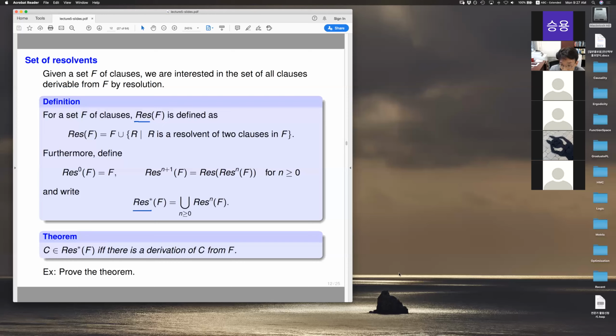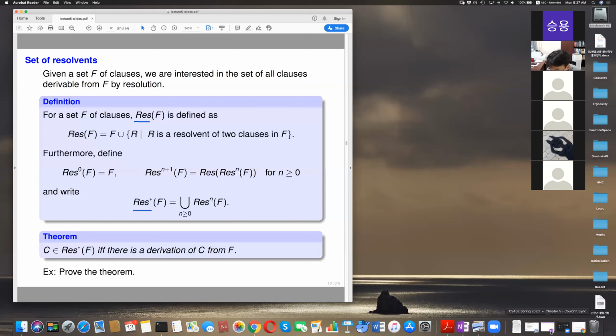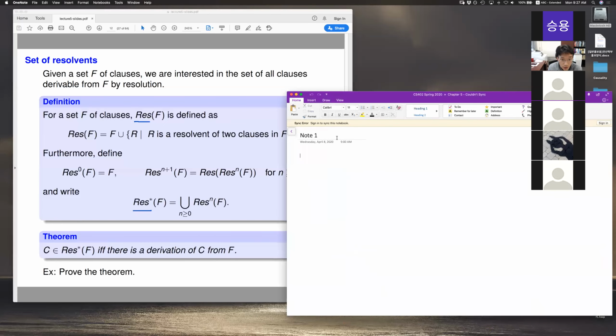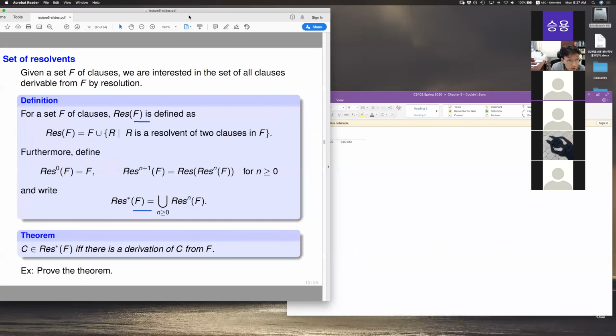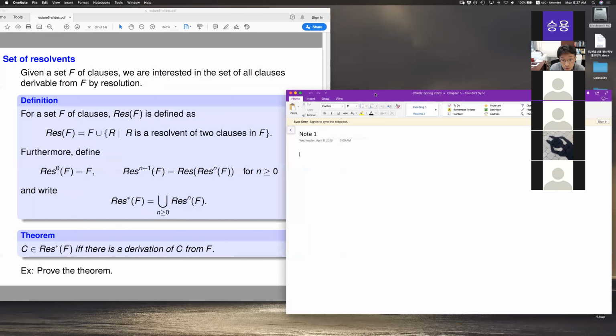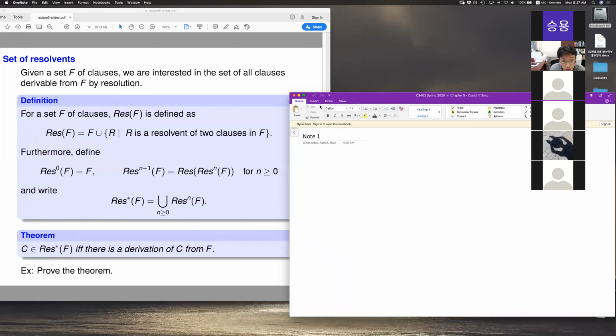Okay, so let me show you how to do this. The proof is by induction. We prove first that this side of the implication is true.